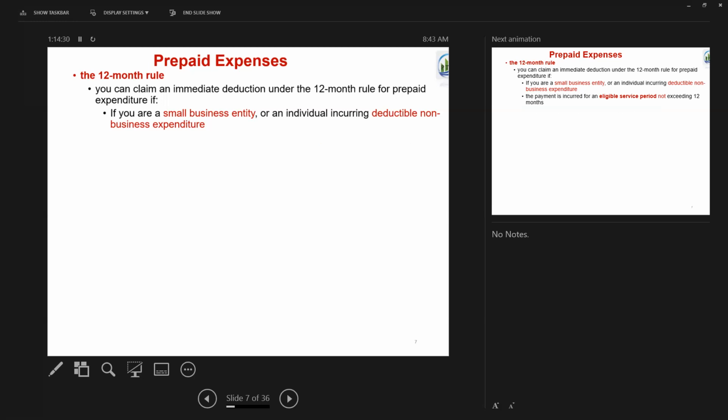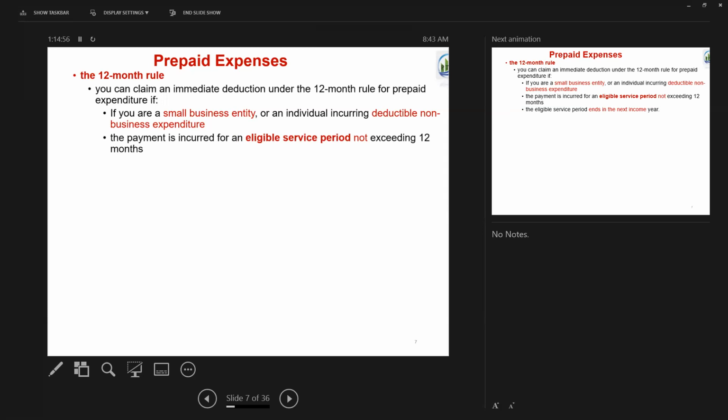If you satisfy the first condition, both conditions should be satisfied. Your eligible service period should be less than 12 months. So we want to understand what this eligible service period is, right? It should not go to more than 12 months. Eligible service period means your contract period. You paid the insurance for 1st of January to 31st December.